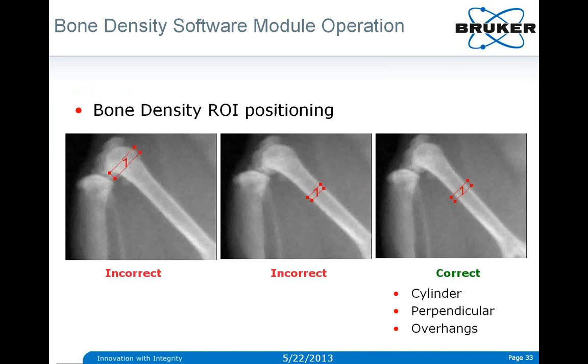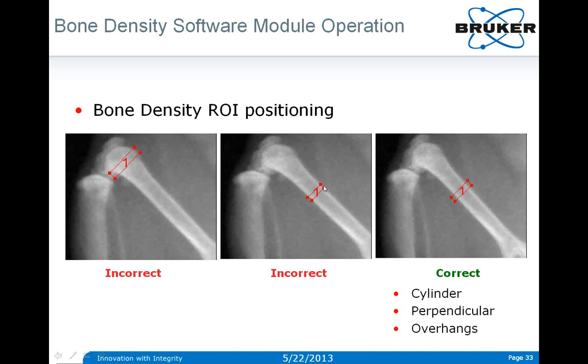A couple of points just to reiterate. When we are drawing ROIs, the two left ROI examples are incorrect. We do not want to draw regions of interest around joint. We need to draw within a region of bone, of long bone, that is a cylinder. We also need to draw overhangs.